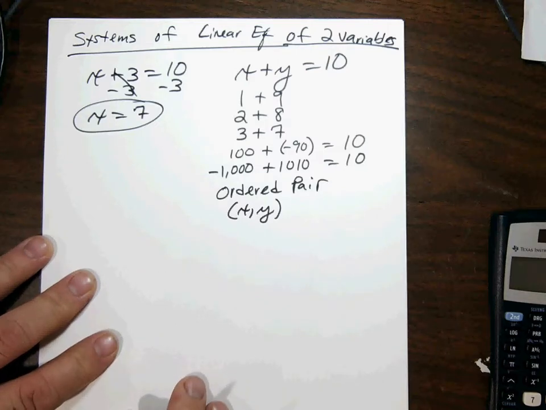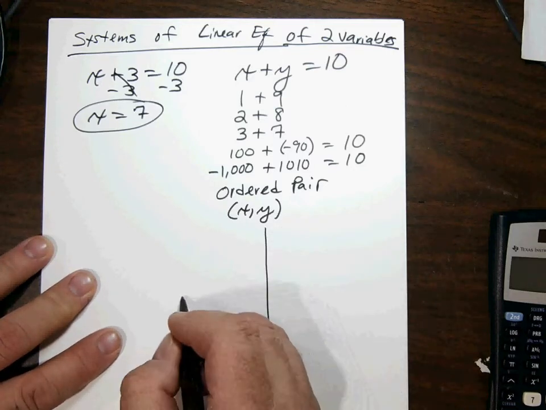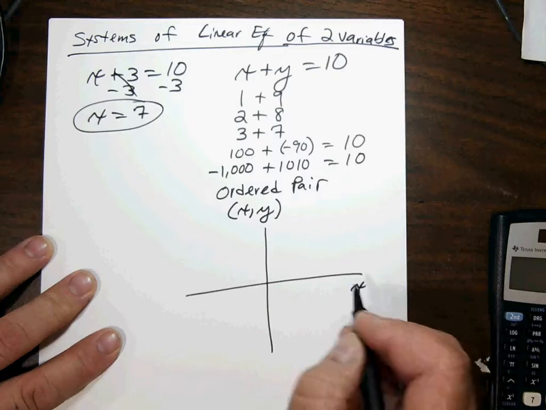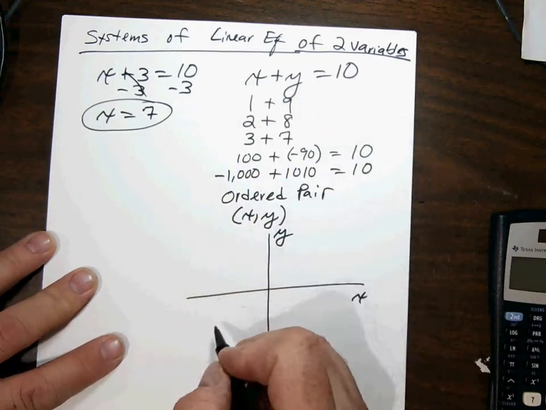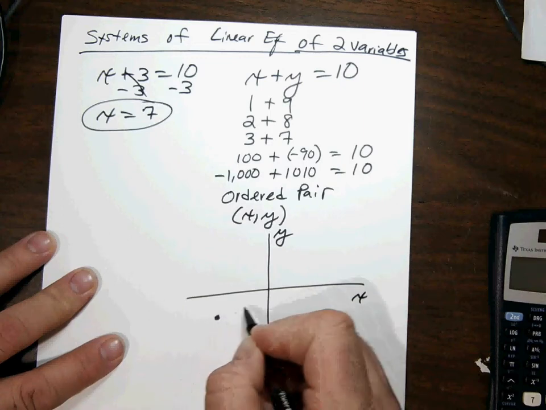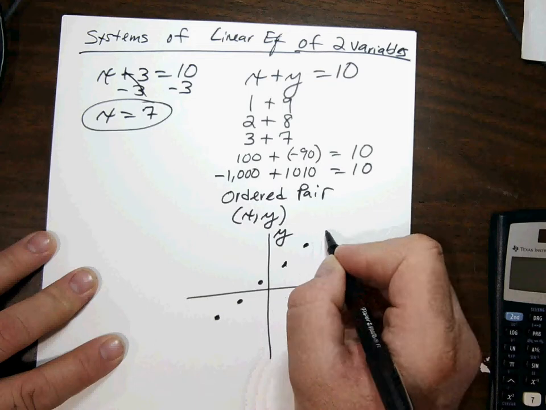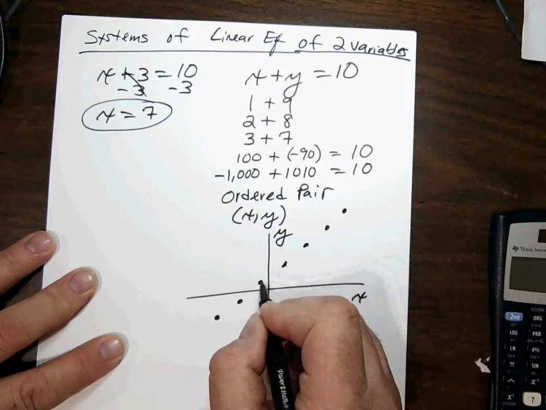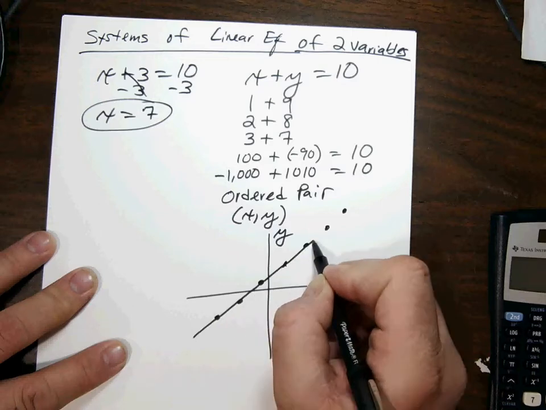But then another thing we also did was graph these, okay? And we talked all about the coordinate system, and we're not going to do that here, okay? But we talked about x-axis and y-axis, and I'm not going to attempt to graph this exact equation, but we put a bunch of x comma y's on the board, a bunch of ordered pairs, a bunch of dots. And we saw that if I wasn't crooked with my drawing, that they all lined up into a nice pretty straight line.